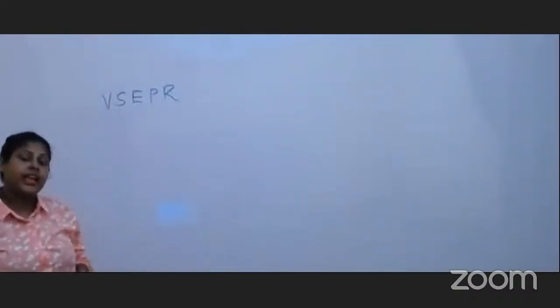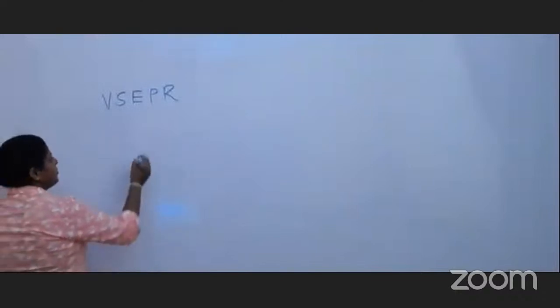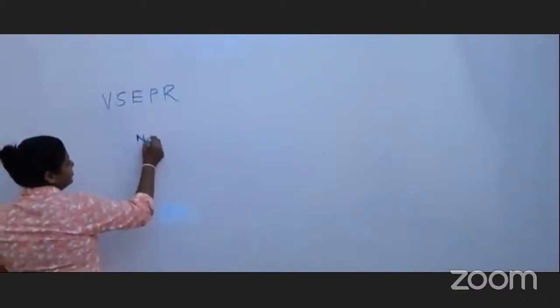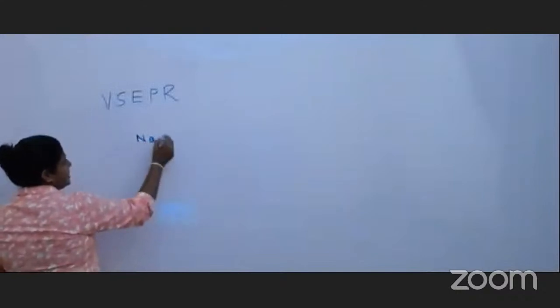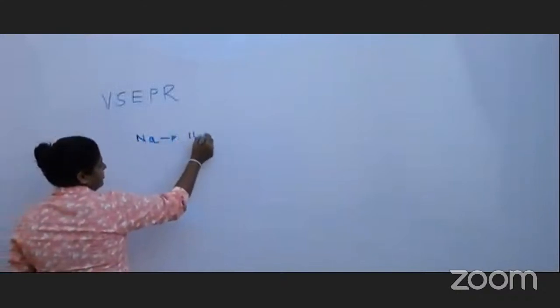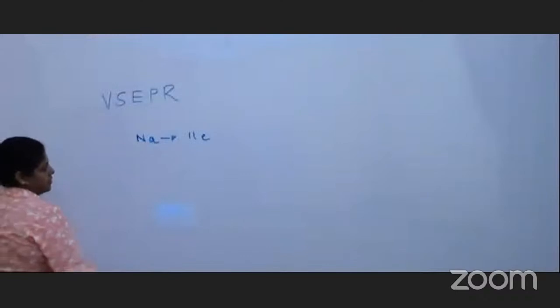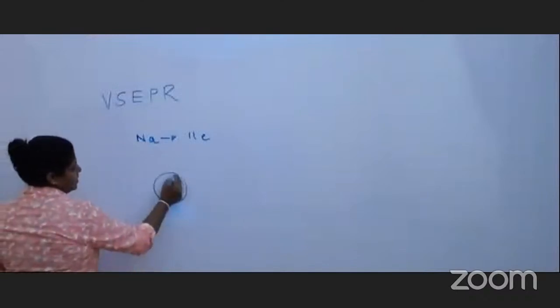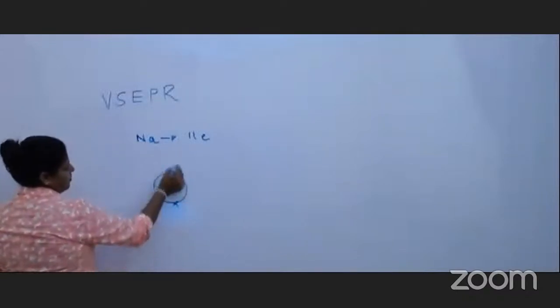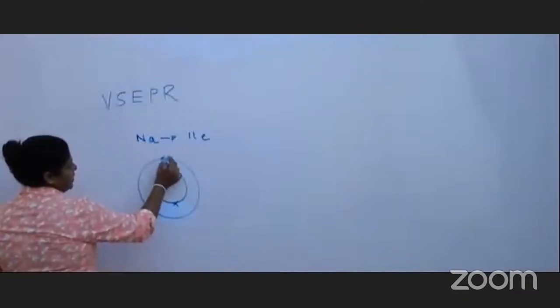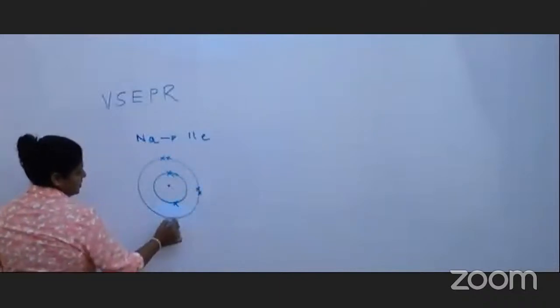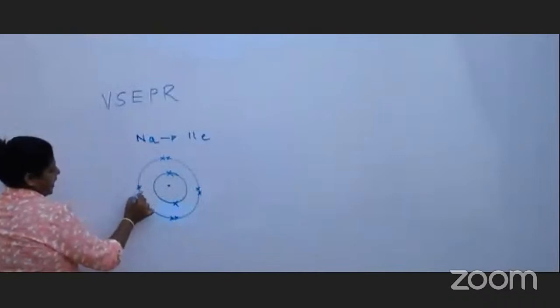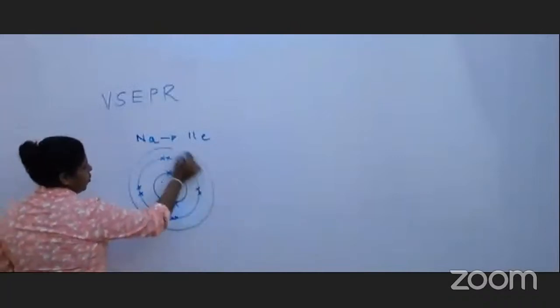When you take any atom, for example sodium, it has 11 electrons. The first energy level has 2 electrons, the second energy level has 8 electrons, and the third energy level has 1 electron.